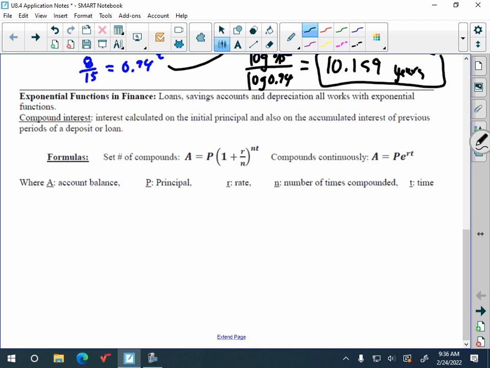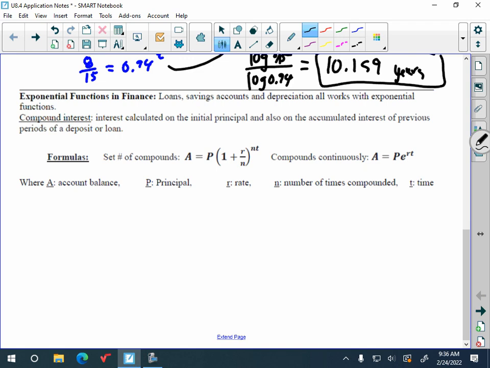Quarterly means 4. So 4 times a year, the bank will add money into your account. Monthly would be 12. Yearly means 1. Daily, 365. That kind of thing. So that's what that number represents, n, how many times it's compounded in a year.